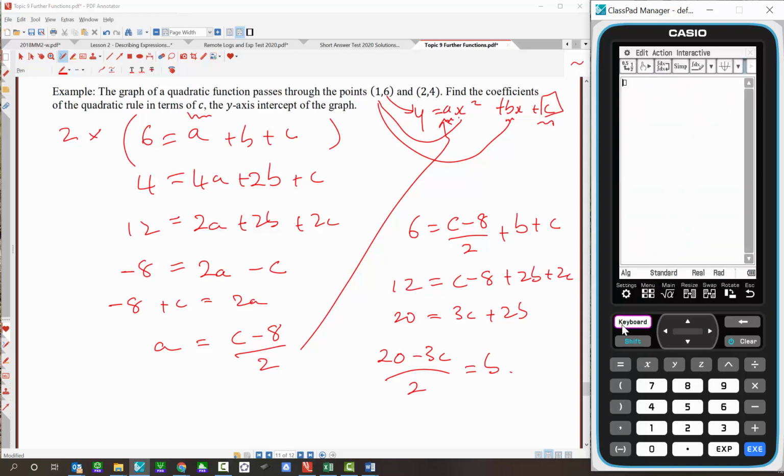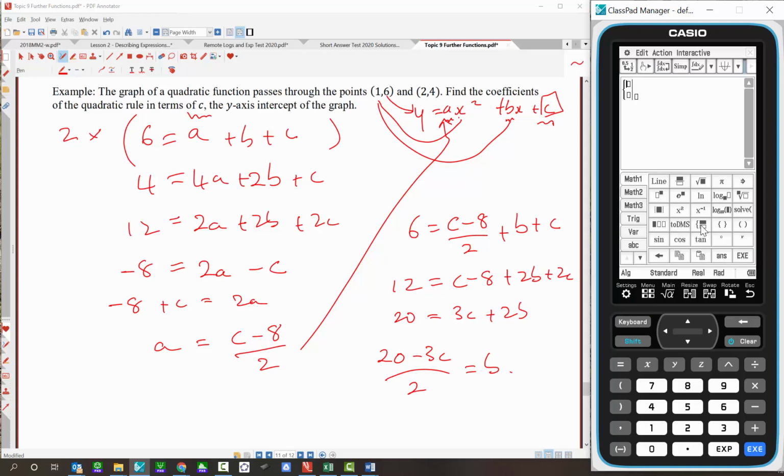So we're going to go and do a simultaneous equation where we've got a times x. We'll go 6 equals a plus b plus c, and 4 equals 4a plus 2b plus c.